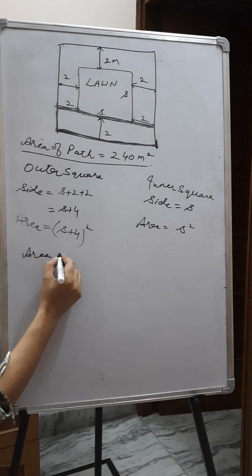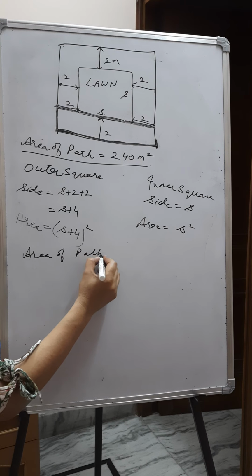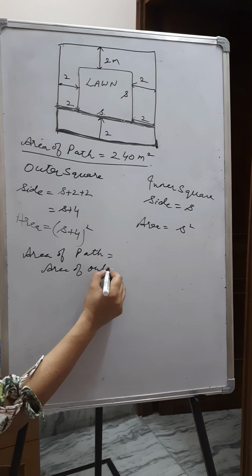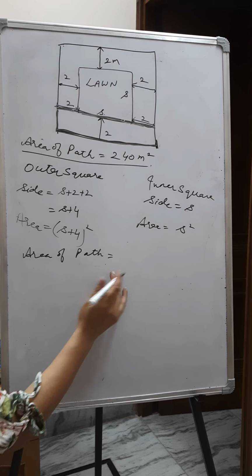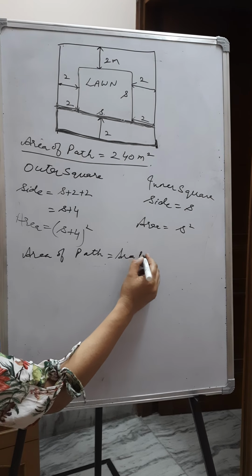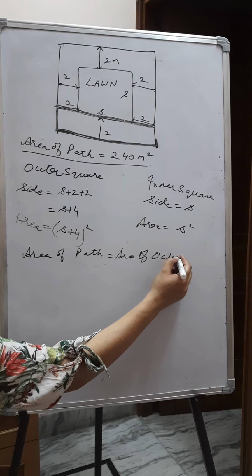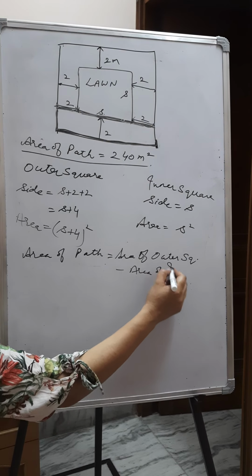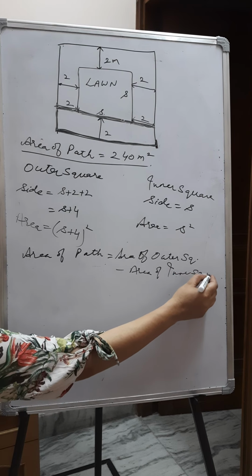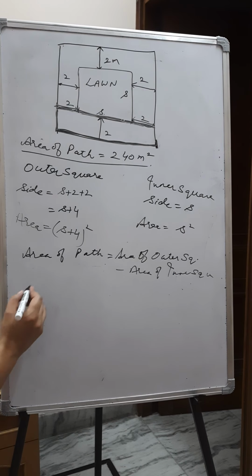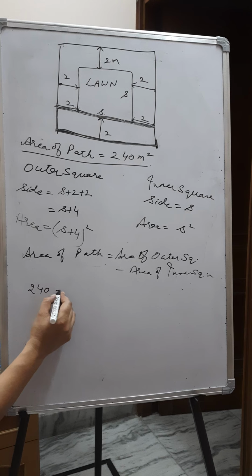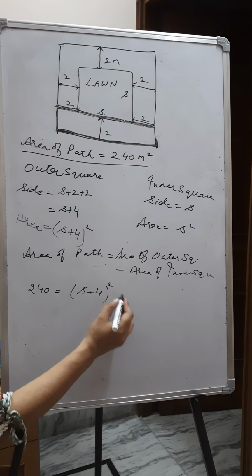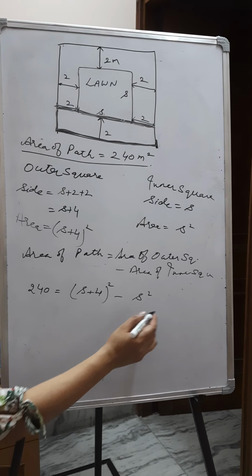Area of path is area of outer square minus area of inner square. Area of path is given to be 240, so s plus 4 whole square minus s square equals 240.